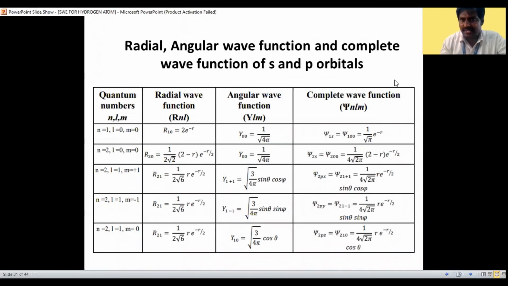This is the complete wave function of a 1s orbital, 2s orbital, and 2p orbital. See here, the 2p orbital complete wave function. By seeing the cos term, you can tell this is the pz orbital, that is 2pz orbital. The remaining, sin theta and cos phi, sin theta and sin phi, are 2px and 2py.